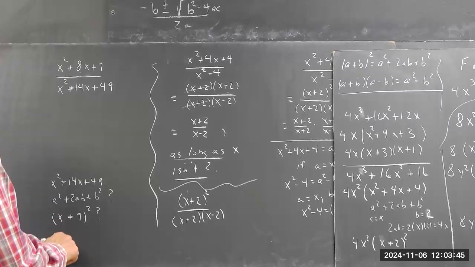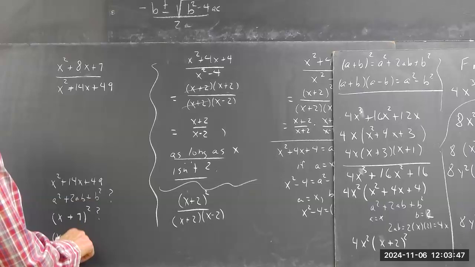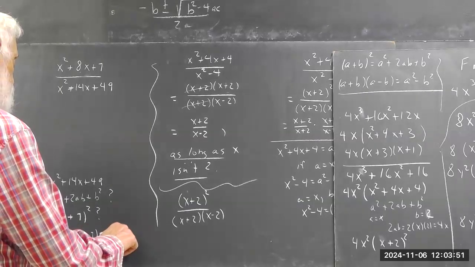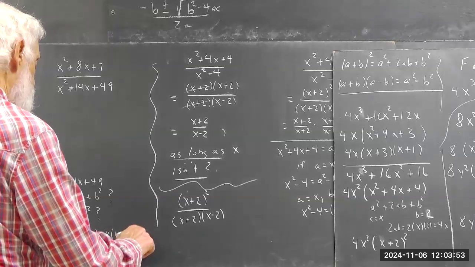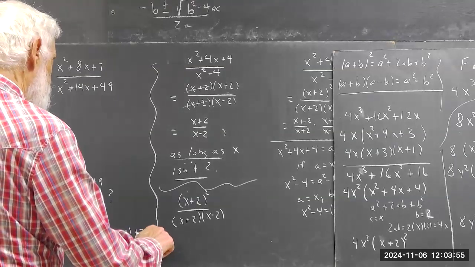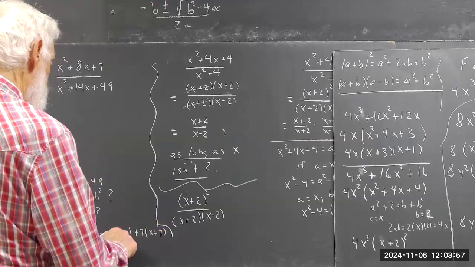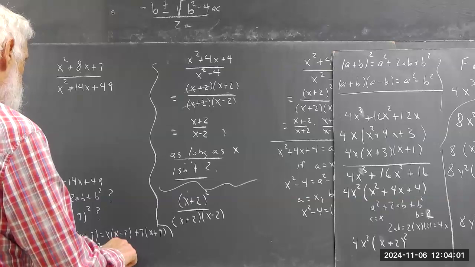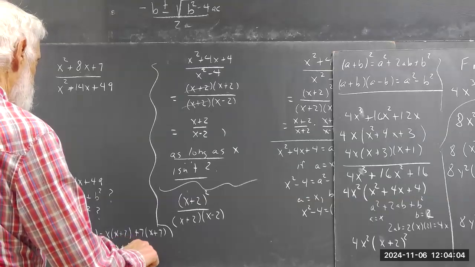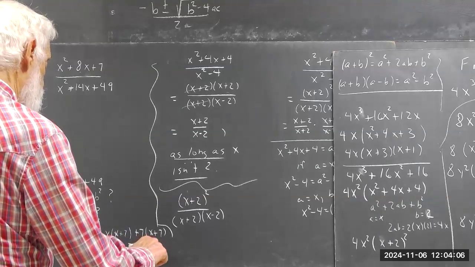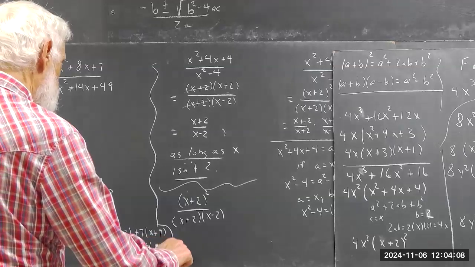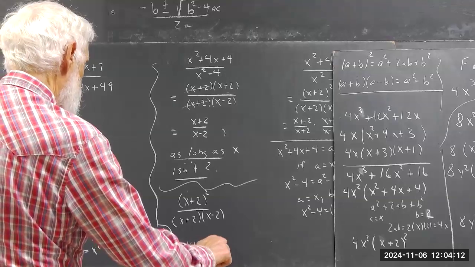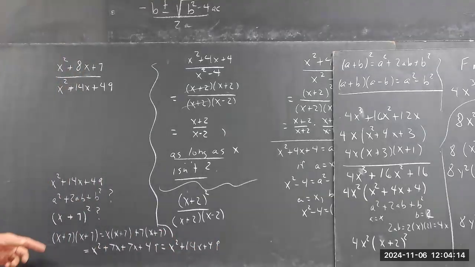Well, let's just make sure we understand that. x plus 7 times x plus 7 equals x times x plus 7 plus 7 times x plus 7, equals x squared plus 7x plus 7x plus 49, which is x squared plus 14x plus 49.